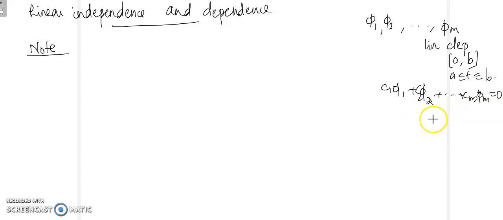Now, provided we take any t naught belonging to AB, here we are taking a fixed value t naught belonging to AB.